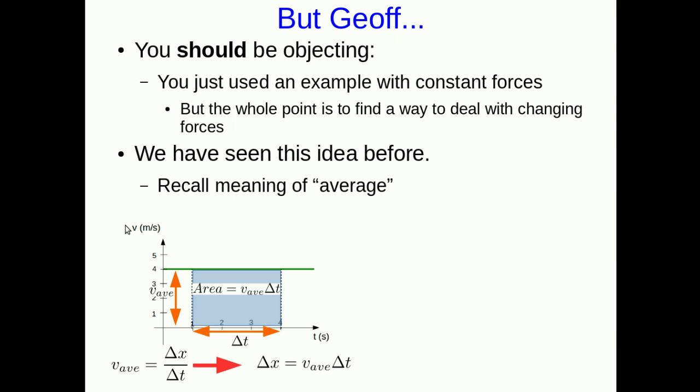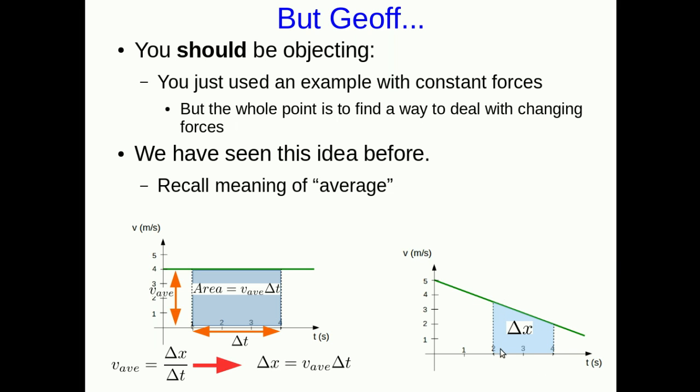And we also saw that an area under a v versus t graph always gave you a displacement. And even if the velocity was changing, you could still use the area under the v versus t graph to get a displacement.